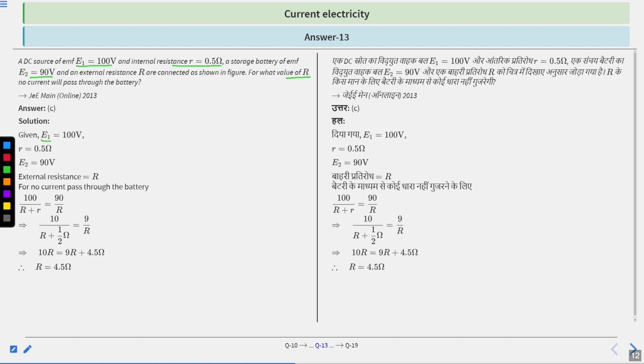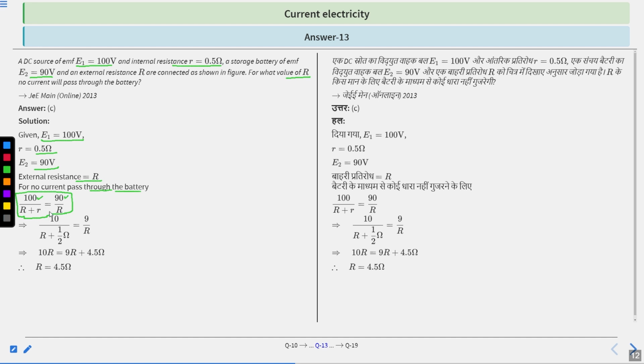So for no current to pass through the battery, there is a condition: 100 divided by R plus r is equal to 90 divided by R. This 100 is the EMF E1, this is the resistance R plus r, and this 90 is E2.